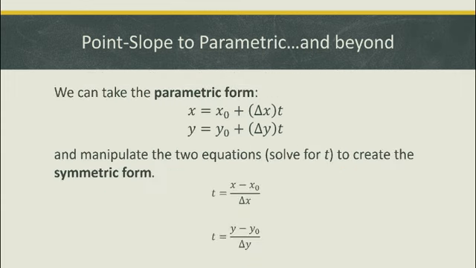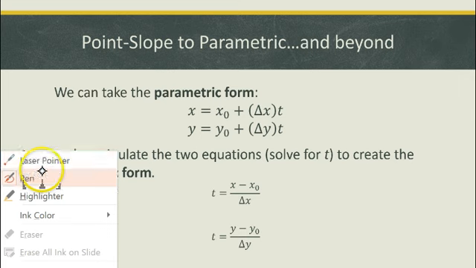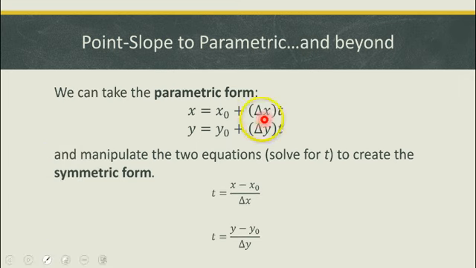Now, that parametric form we can also extend and manipulate, and if I take my equations and solve for t in each of these, I would get x minus x naught, and then I would divide by delta x, so t equals x minus x naught over delta x.